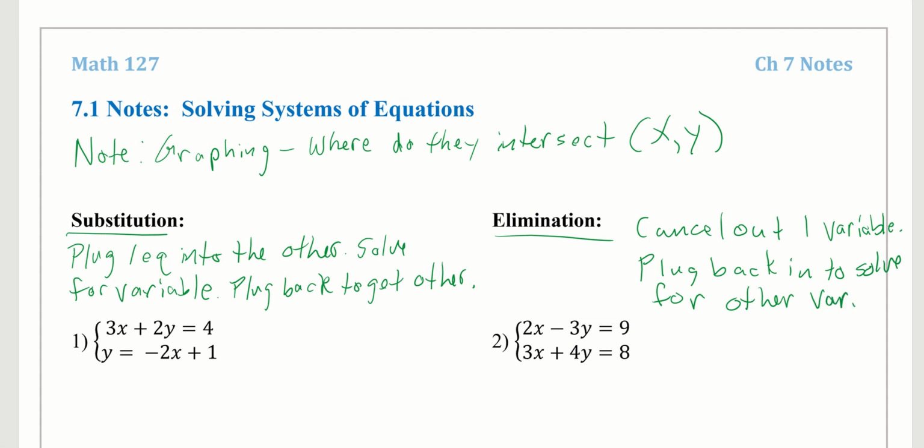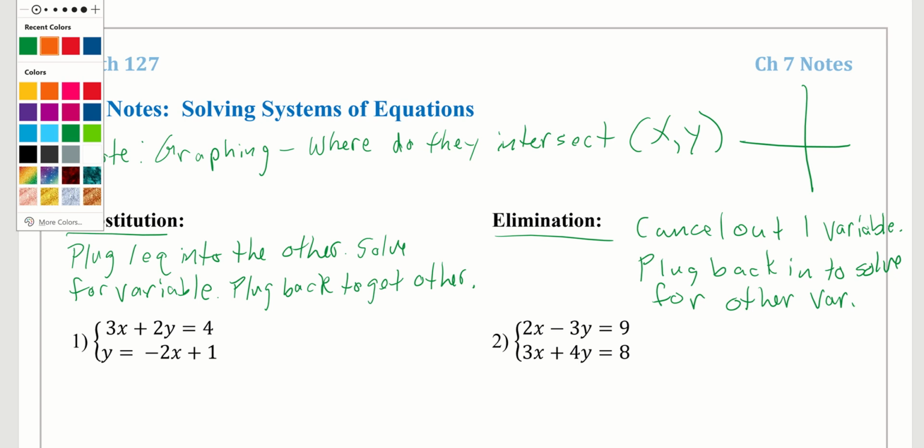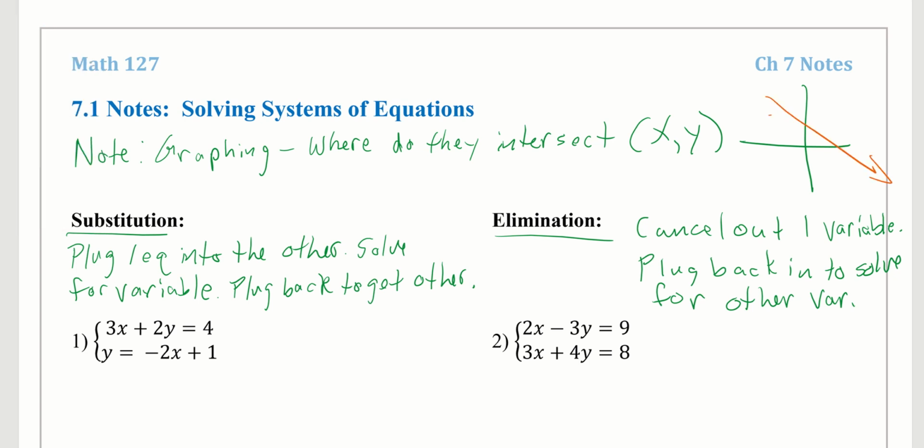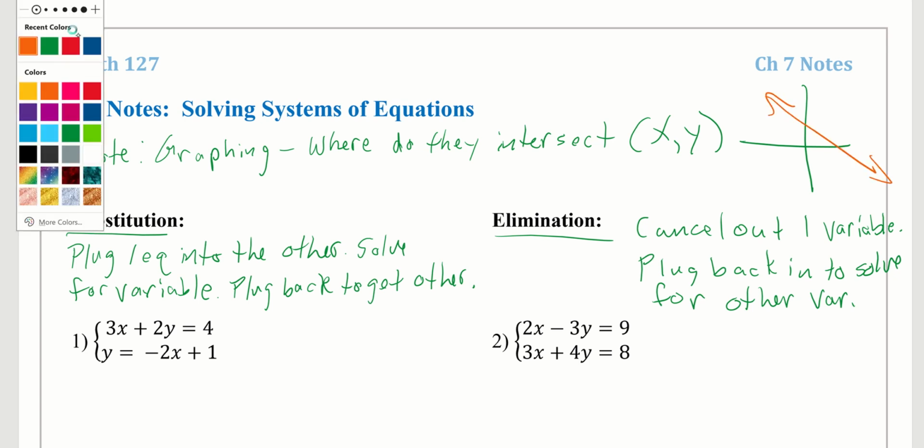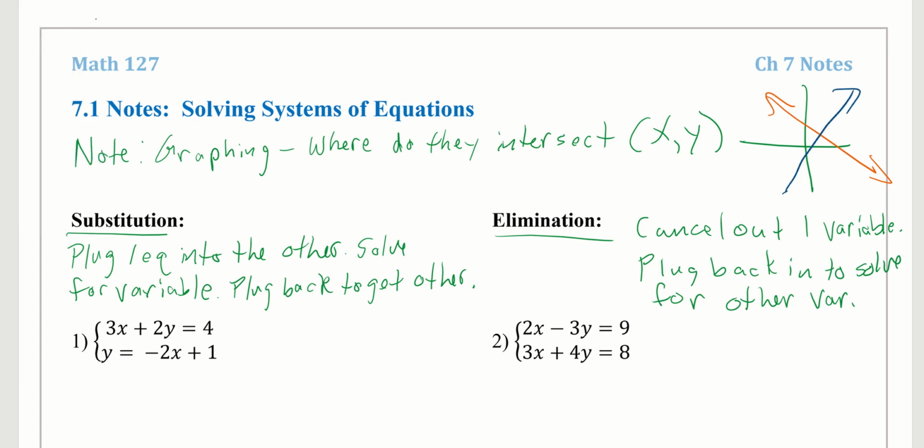Just a quick reminder, whenever we're solving these systems, if it's just one equation, it's where it hits the x-intercept. But if you've got multiple graphs like this, our solution is right here where they intersect each other. Wherever this point is, that is our solution.